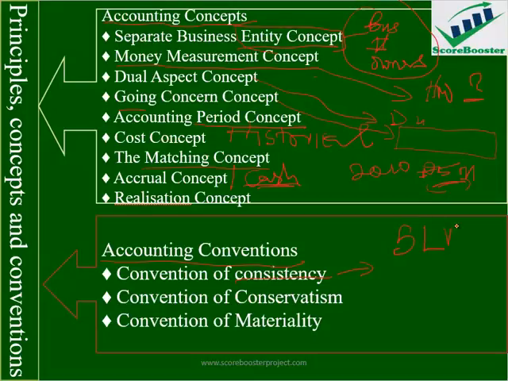So if I'm using the straight line method of depreciation, I must hold on to this method over the years. It's not like last year I use straight line, this year I want to use another method. No, if I'm using this particular method, I must be consistent with it. So any method, any principle, any concept, any opinion I'm going to use in preparing accounts, I must hold on to it over a reasonable period.